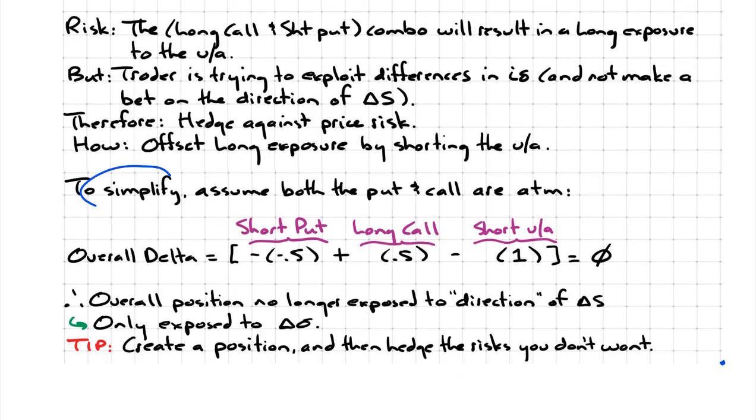Now, just to simplify things, let's assume that both the put and the call are at the money, because when they're at the money, their deltas are going to be 0.5 for the call and negative 0.5 for the put option, because we have to remember a put option has an inverse relationship to the underlying asset.